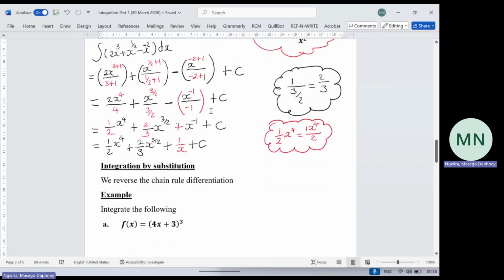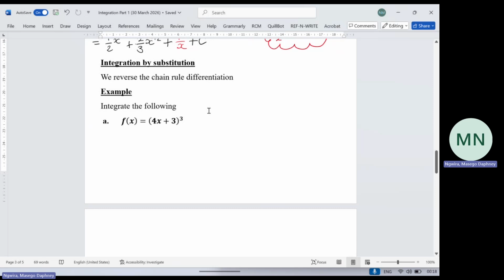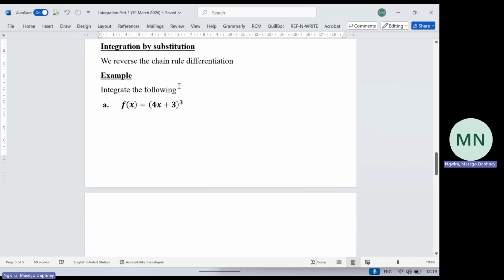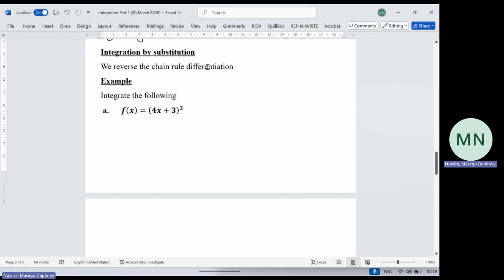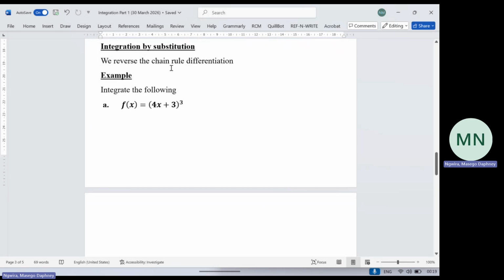All right, and now we move on to integration by substitution. They're saying that integration by substitution will reverse the chain rule differentiation. If you can remember the chain rule differentiation, we said let u equal something. So when we integrate, we set u. This is the composite function, I think we spoke about the function of a function.